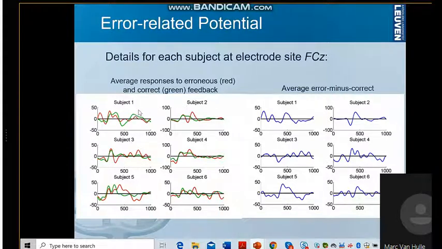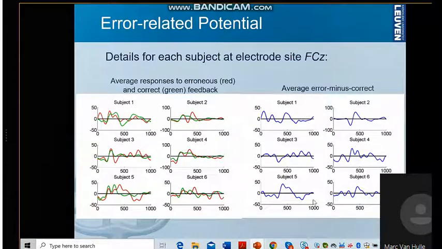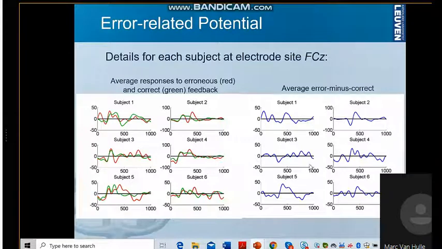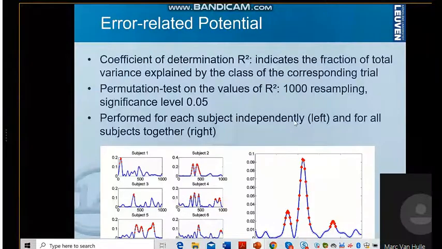You see for a particular electrode here, the frontal central electrode, this dependency on the subject, and then you plot, for example, the difference here. You see a sort of common pattern, but it really depends on the subject as well. So then you do some analysis, in this case, the coefficient of determination, R squared.